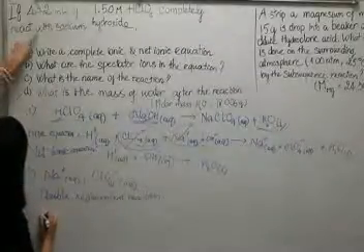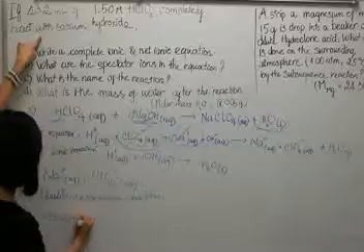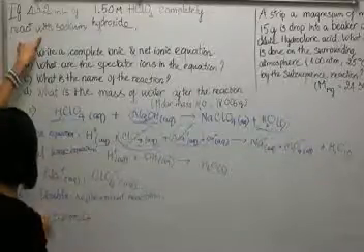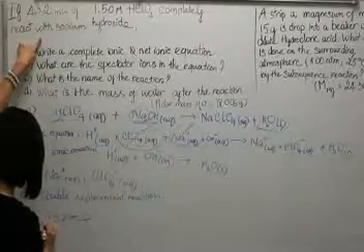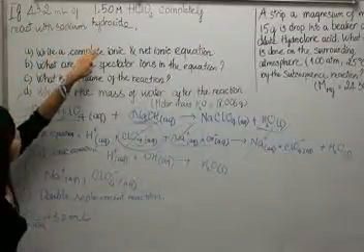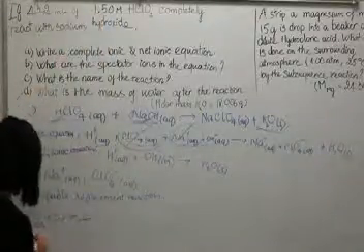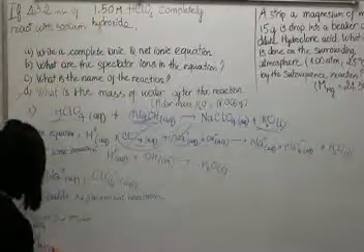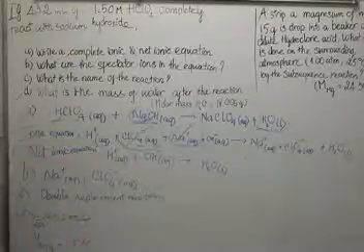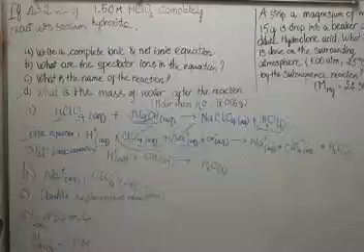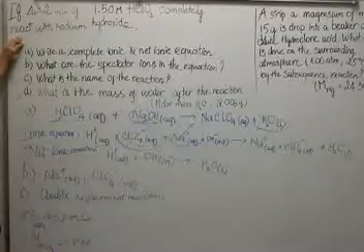The first one I have is 43.2 milliliters as the volume of my acid, and the molarity of my acid is 1.5. And that's all the numbers that I can see in my problem.